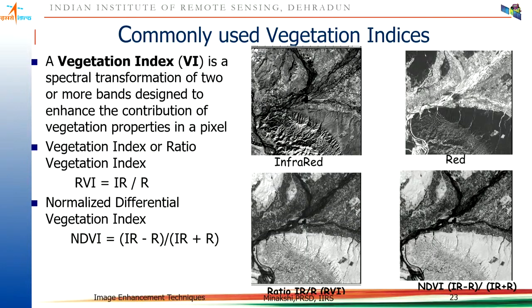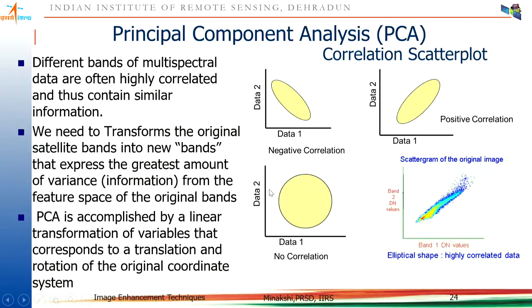Like I have shown you NDVI, there is normalized differential water index, normalized differential built-up index, using different spectral ranges where the slope of these features are used to enhance that particular feature. So those examples will also be covered in different application sessions. So this is the first example of image transformation, which is indices.